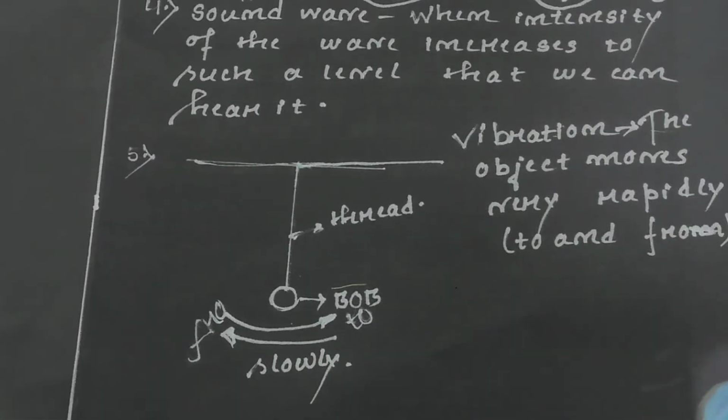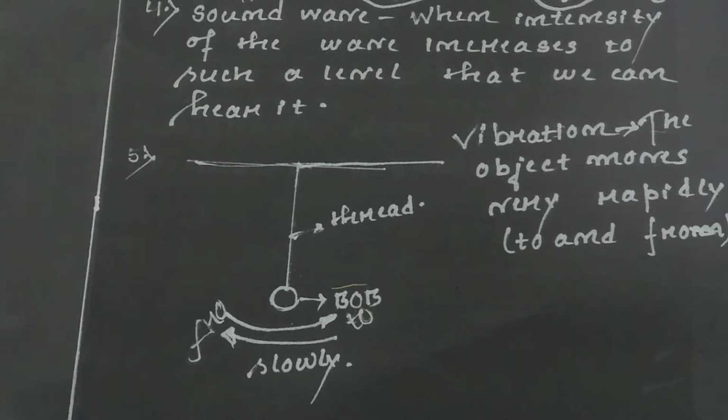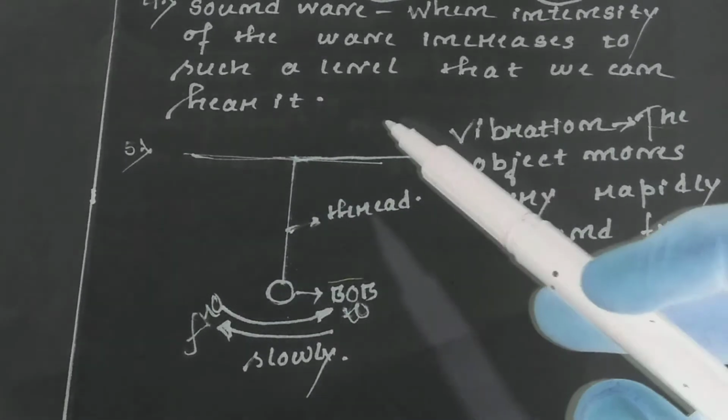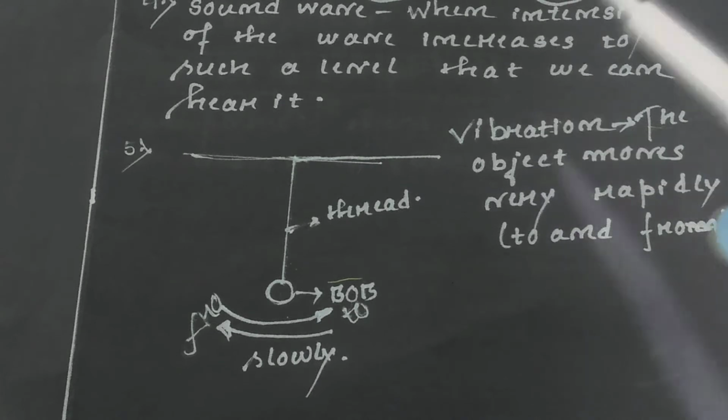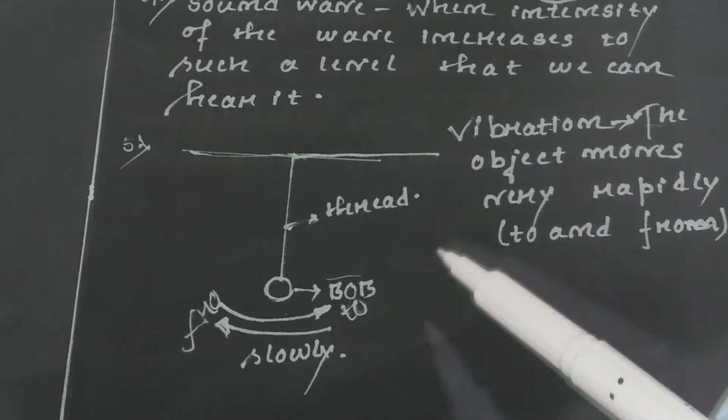When an object moves rapidly to and fro, we call it vibration, whereas when an object moves slowly in to and fro motion, we call it oscillation. As a pendulum moves in slow to and fro motion, it will be called oscillation.